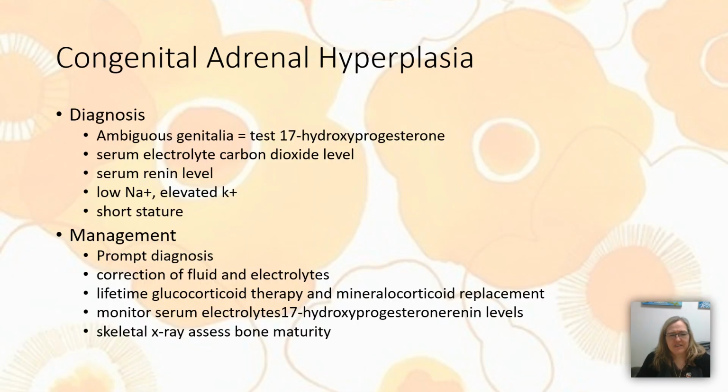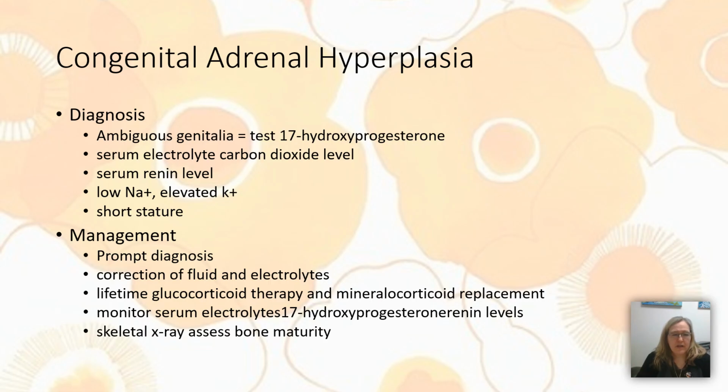So diagnosis of this problem would be doing the 17-hydroxyprogesterone test. Any child that has ambiguous genitalia would be worked up for this test to make sure that they don't have this disorder.